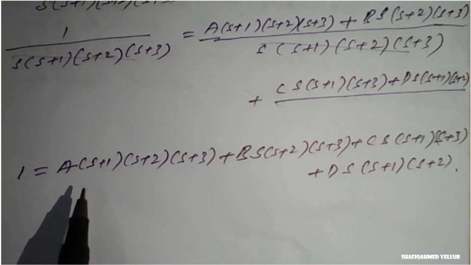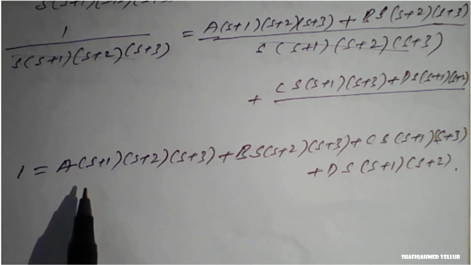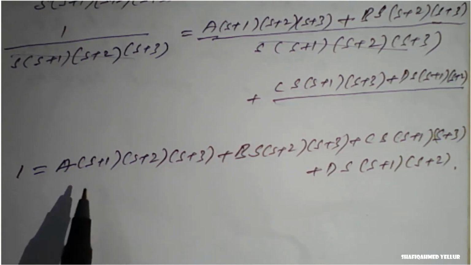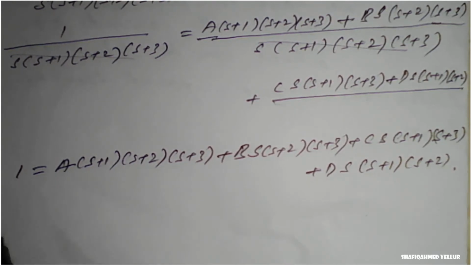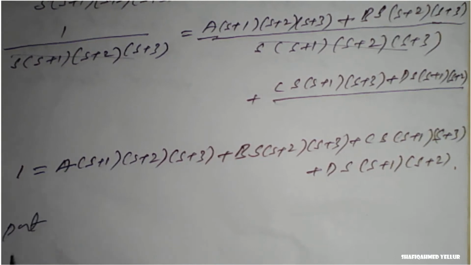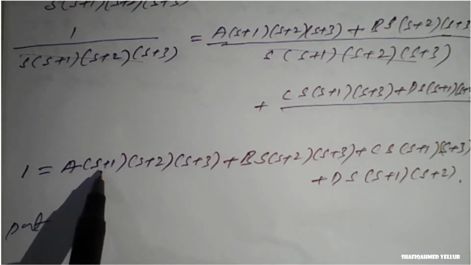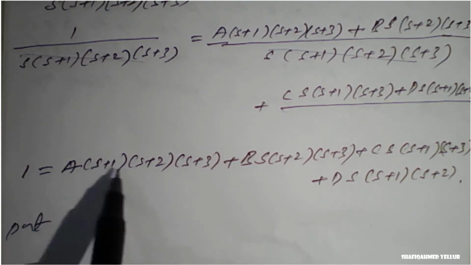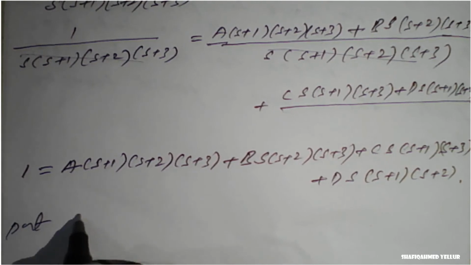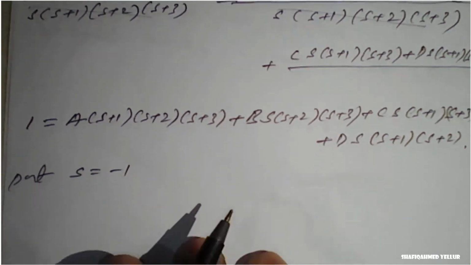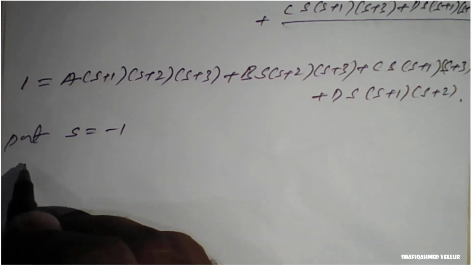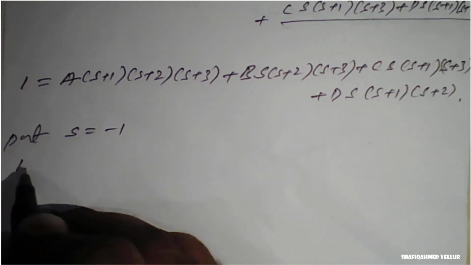Now to get the value of a, we'll put the constants here. First we'll put s is equal to the opposite, so how to make this 0? If I put s is equal to minus 1, this term will become 0. So therefore what happens, no s term in the left hand side, 1 as it is.